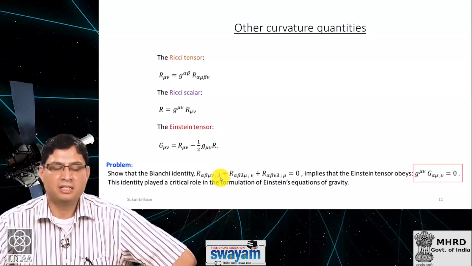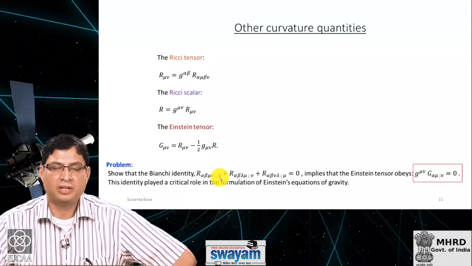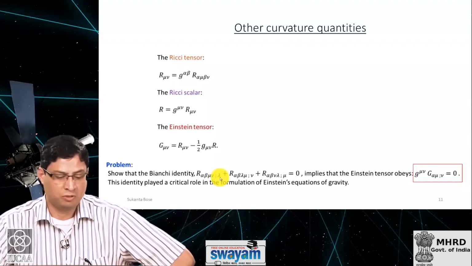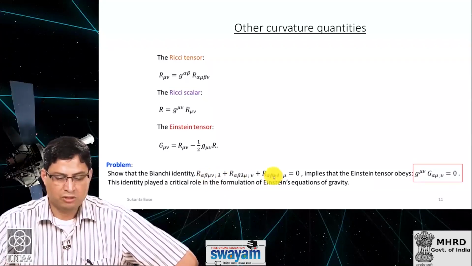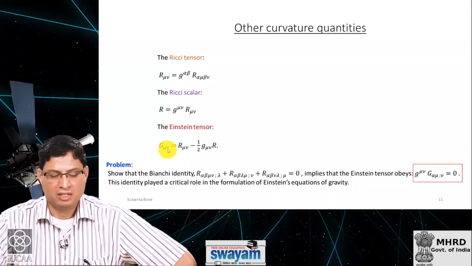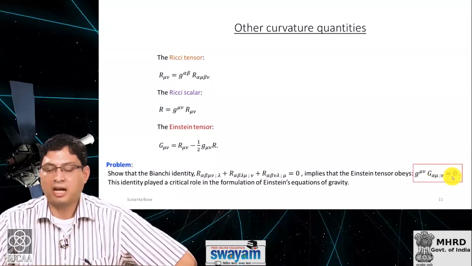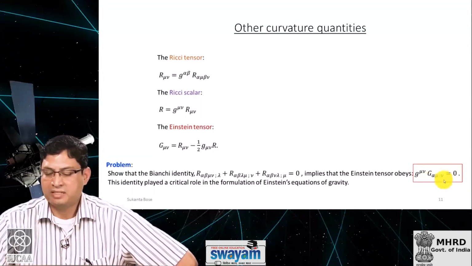So you can easily move the small g mu nu inside or outside a covariant derivative because the covariant derivative acting on the small g mu nu is 0. But you will need to do some contractions to recast this Bianchi identity to involve ultimately only the Einstein tensor, and at that point you will find that this kind of contraction of the covariant derivative of the Einstein tensor is identically 0.